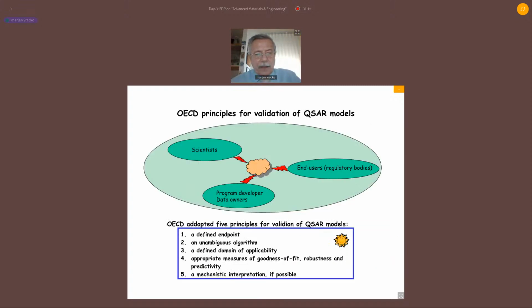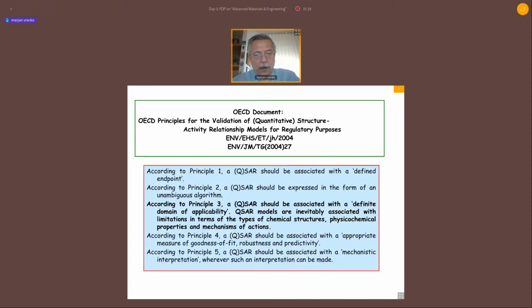But if you want to develop your own models, there is a very useful document published by OECD. This is the Organization for Economic Cooperation and Development, and this organization adopted some principles for validation of QSAR models which are used for regulatory purposes.